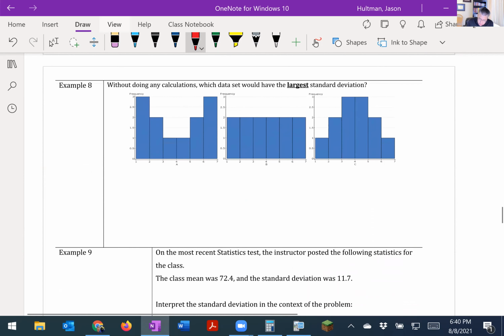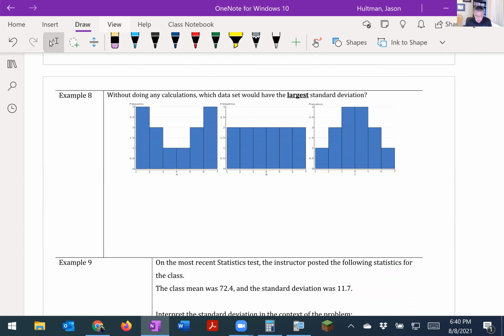Example number 8. Without doing any calculations, which data set would have the largest standard deviation? Remember, standard deviation is a measure of spread, how spread out your data is. In the first histogram, I have a lot of data on the edges.